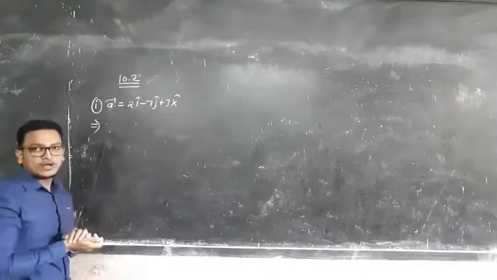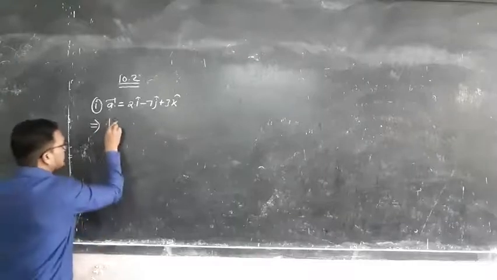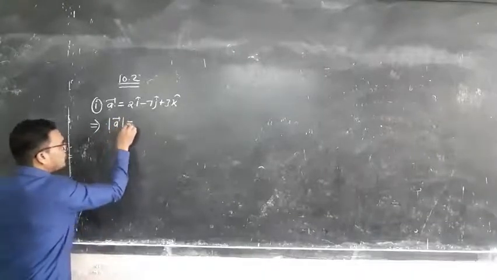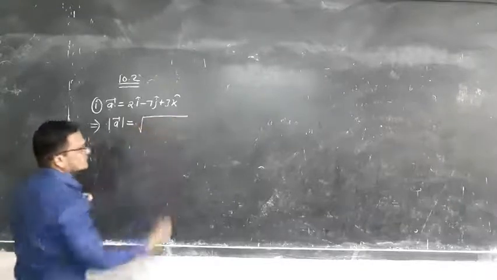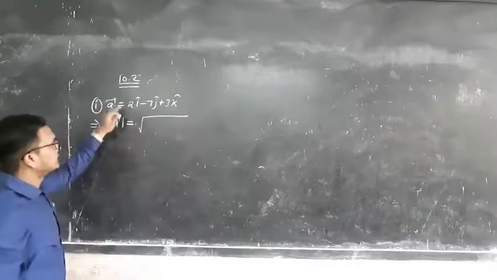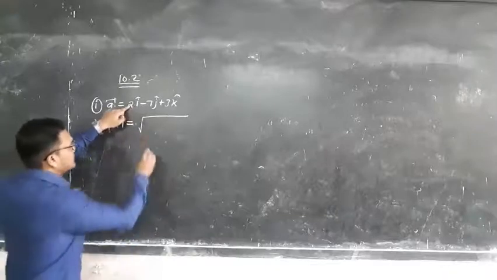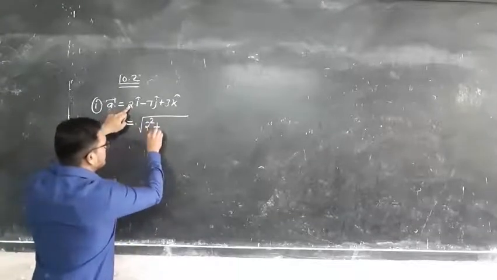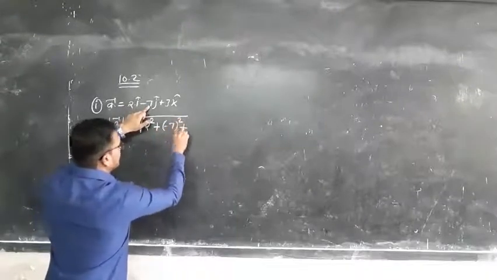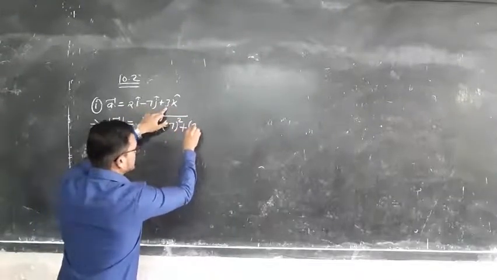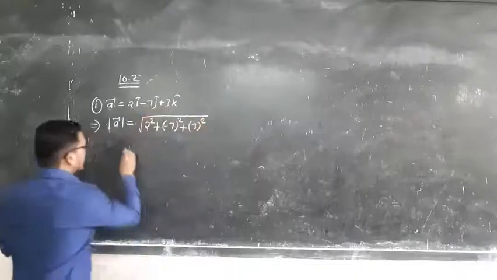So the magnitude of vector A is the square root of the coefficient of i squared, that is 2 squared, plus the coefficient of j squared, that is minus 7 squared, plus the coefficient of k squared, that is 3 squared.